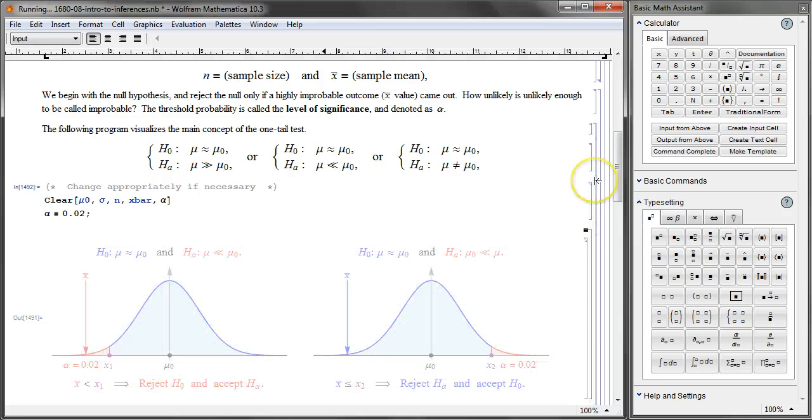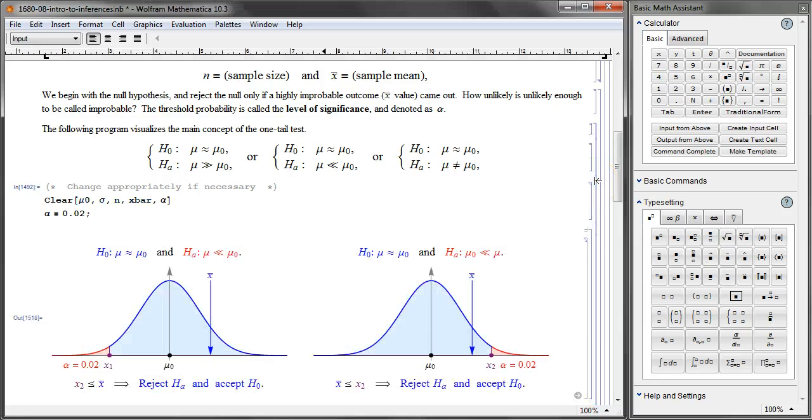Now let's take a look at the right-hand side picture, and this is kind of similar, except this time we're talking about mu greater than mu naught. In this case, this x bar at the end of this blue arrow, where my mouse is, is close enough to mu naught. Do you see that? Close enough to null.